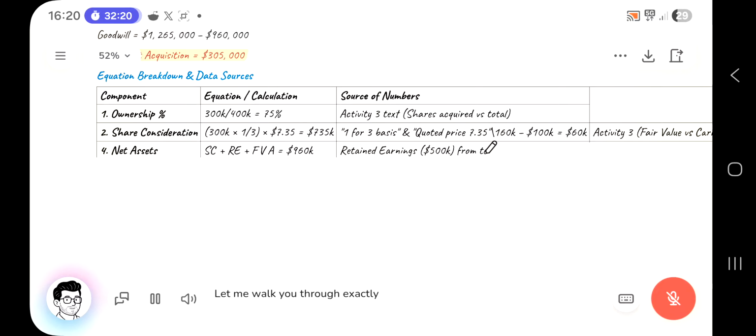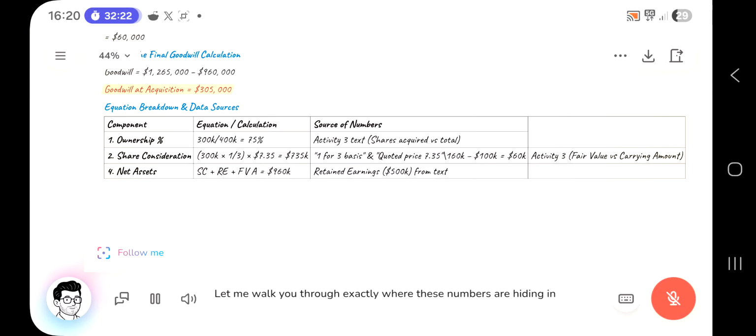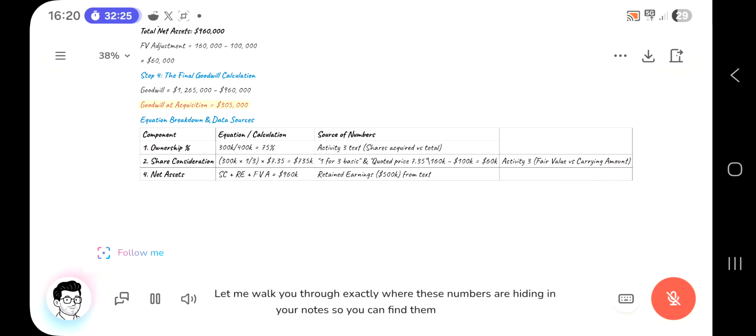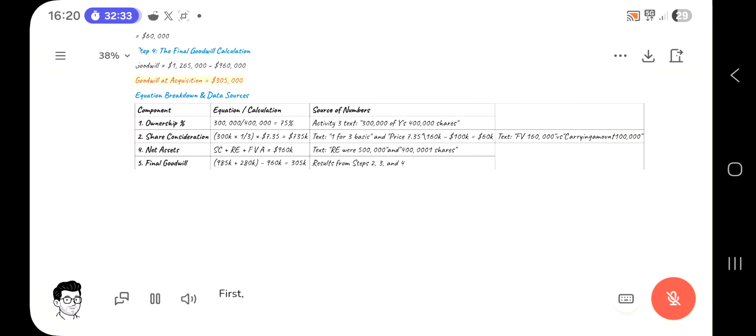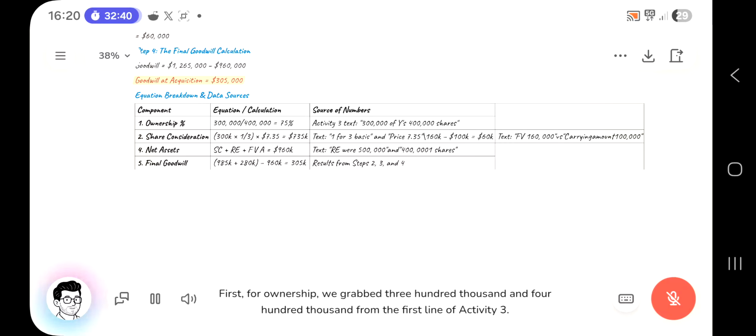Let me walk you through exactly where these numbers are hiding in your notes so you can find them every time. First, for ownership, we grabbed 300,000 and 400,000 from the first line of activity 3. Second, for the share value, we used that one for 3 ratio and the price of $7.35 found under the purchase consideration section.